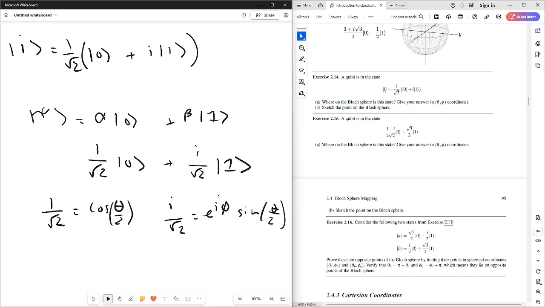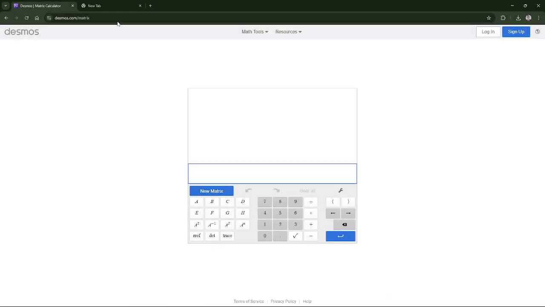All right, that's interesting. Well, we can solve for theta easily. Theta over 2. We pull up Desmos.